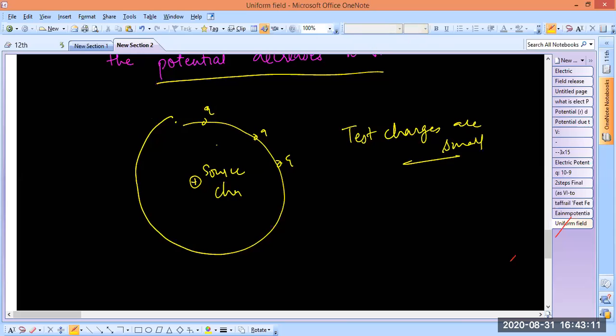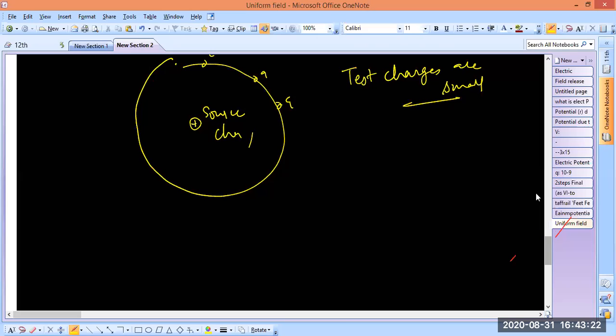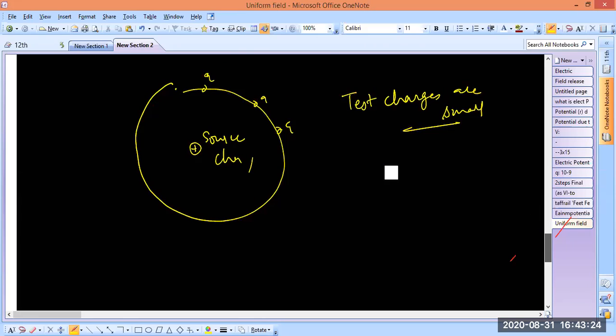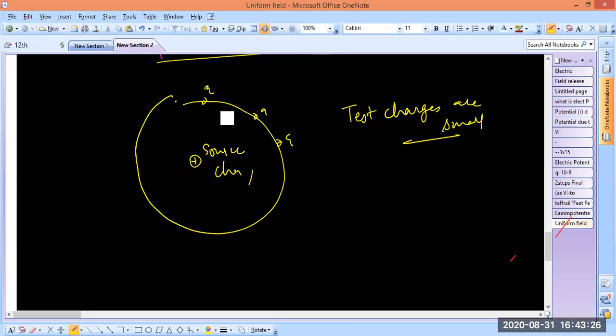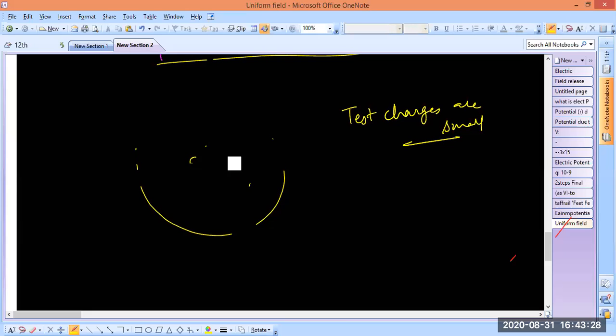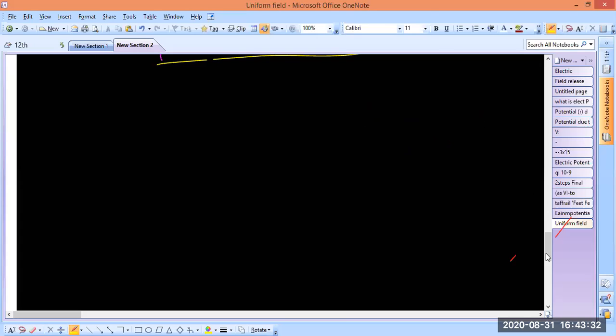They will not change the electric field of this source charge, right? So it doesn't matter, right? But if there is something like dipole, then we can talk about that actually, right? But let me finish the theory, then we'll talk about dipole's equipotential surface, all right? First, let's complete the theory.